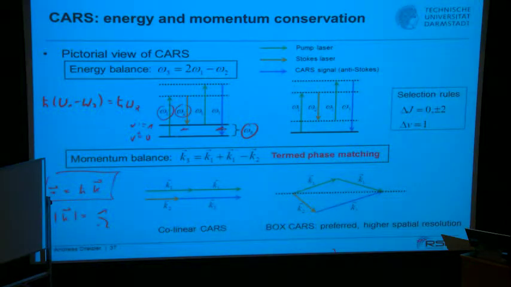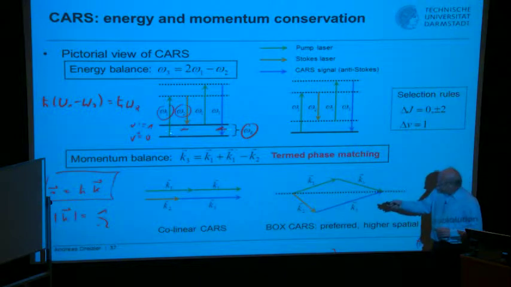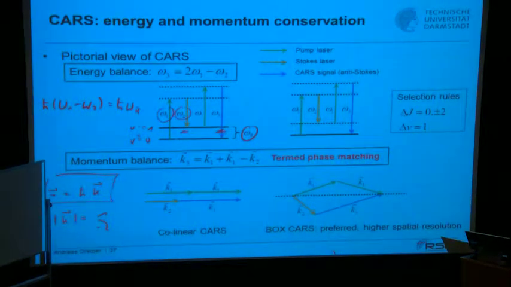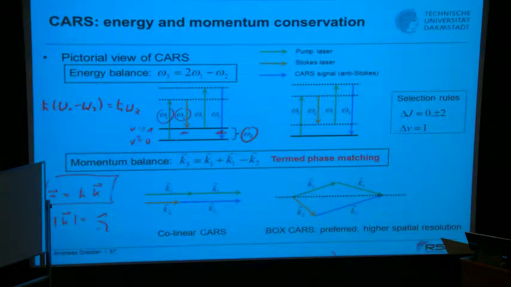Why that happens? The question is why this process here actually happens to bring it up and bring it down. So this is actually a 2-photon resonant process. That is, of course, only one possibility.